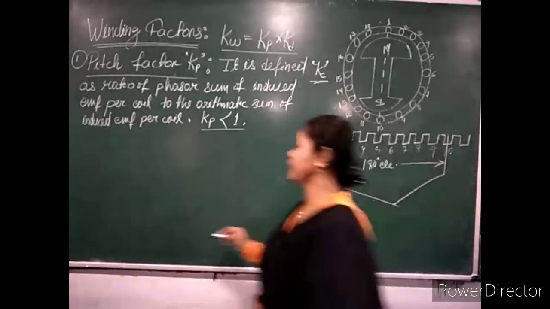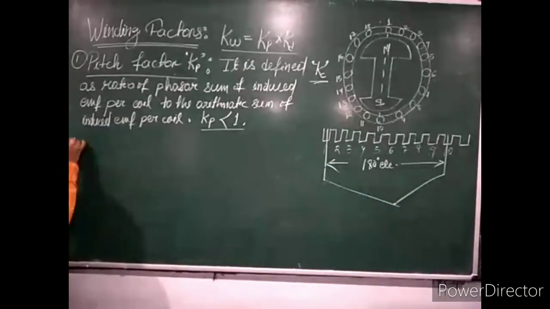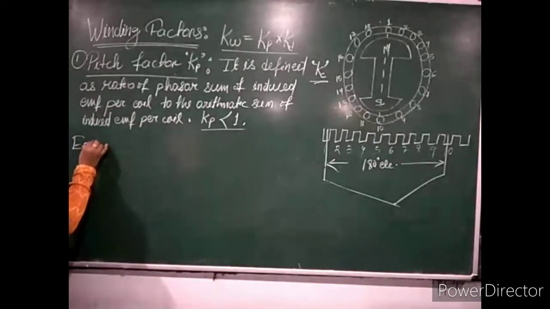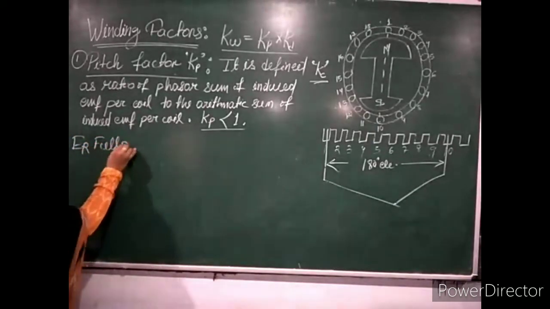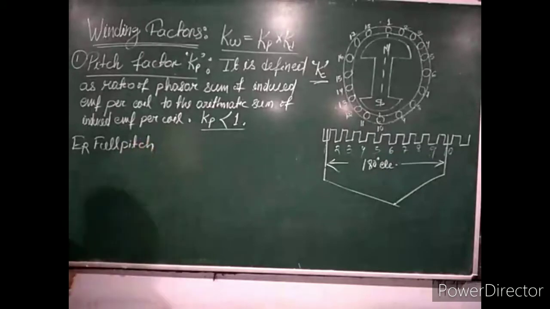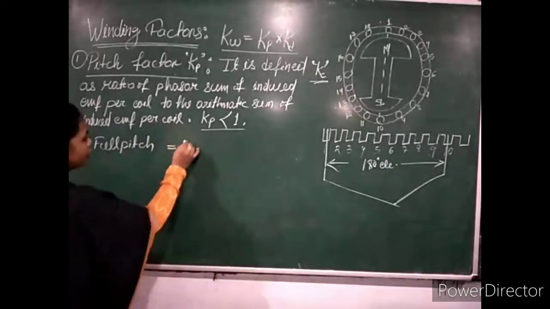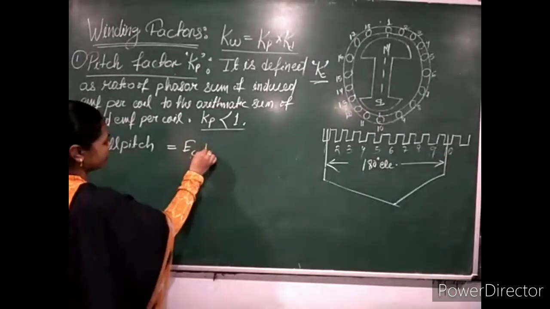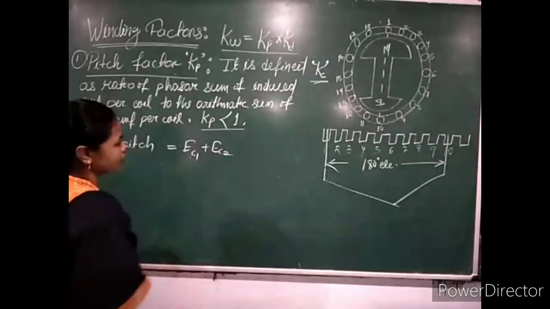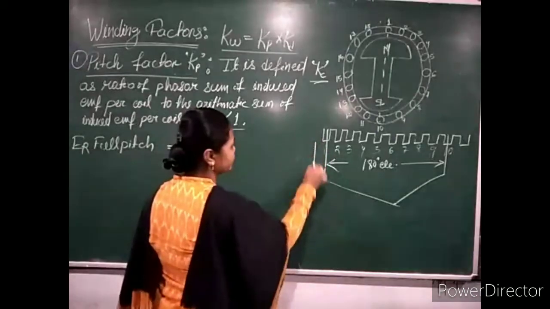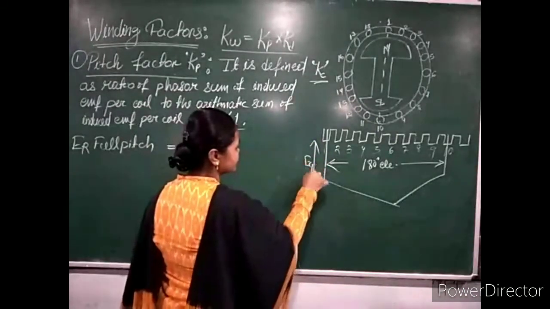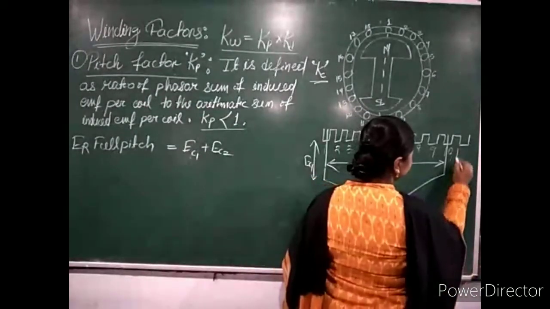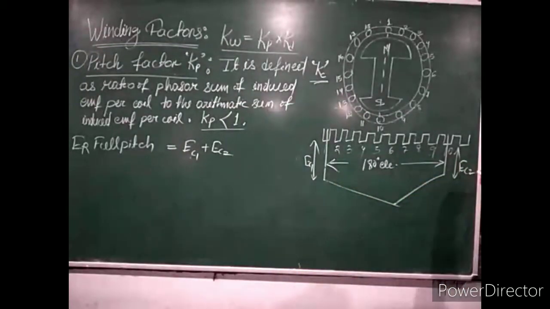Let the EMFs induced be EC1 and EC2. Here you just take the arithmetic sum.